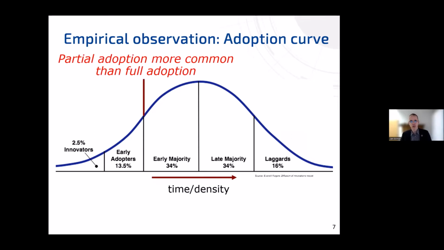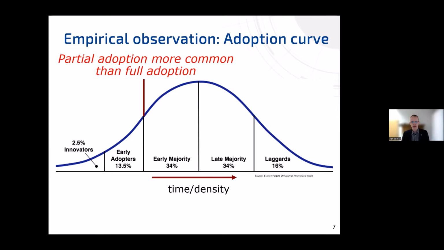So partial adoption is actually much more common than full adoption of technologies. You find a lot of technologies that are only used, depending on your location in a country, by just 20% or 30% of the farmers. In a region, even a small region, you might not have 100% of farmers using a certain technology.